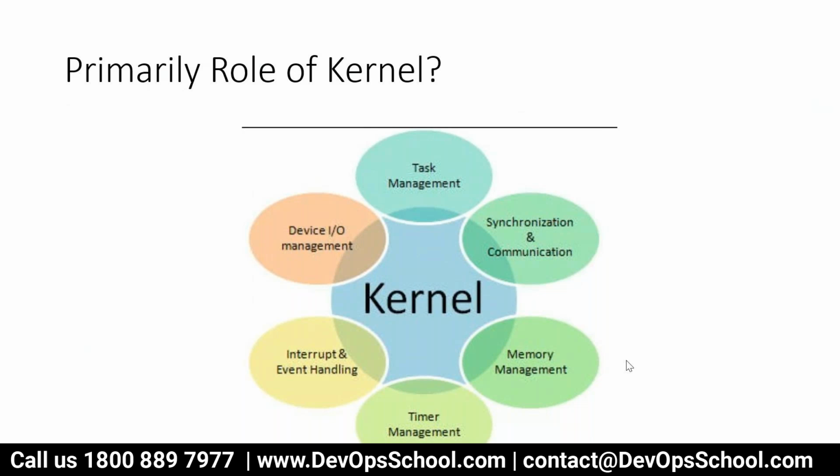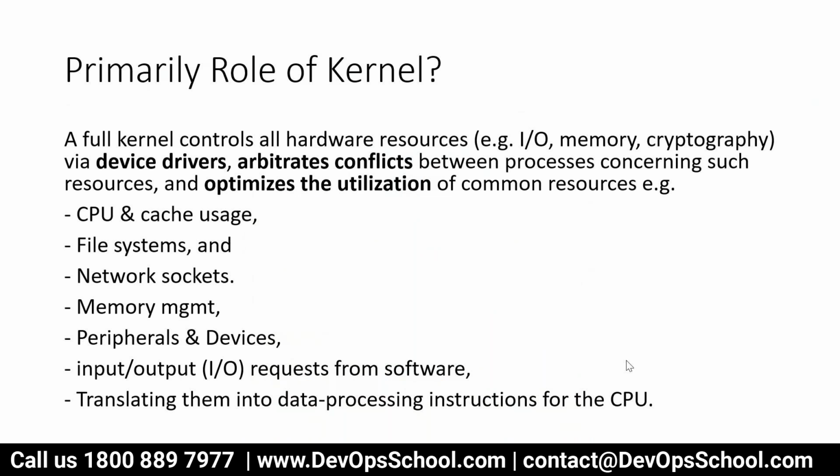Interrupt and event handling also, and timer management also. So the kernel controls all hardware resources, input, output, memory, cryptography, via device drivers, arbitrates conflicts between the processes concerning such resources, and optimizes the utilization of common resources.